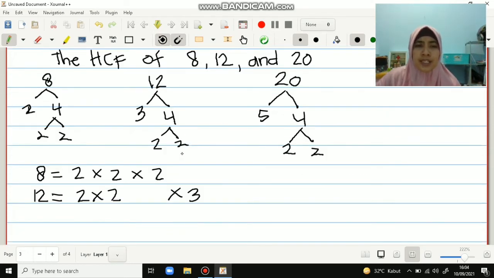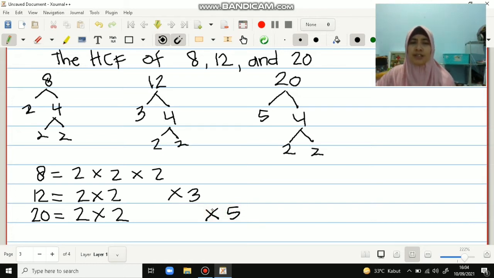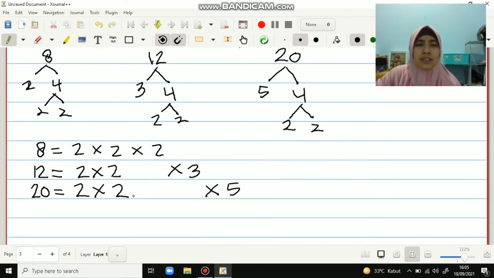I write the 3 here because this is 2, so I don't want to put it in the position of 2. I move a little bit with the space so we can see the 3 clearly. And 20 has 2 times 2 times 5. I put the 5 here for the same reason, so we can see the 5 clearly. Okay. Now, take a look. Which one is the common one?